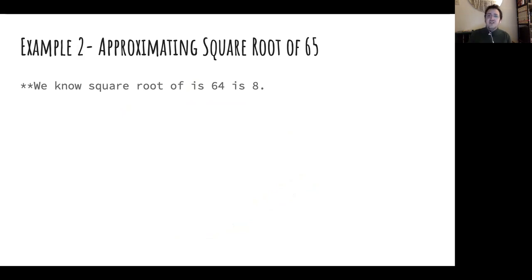So you can come up with not an exact value of the square root, but something that's pretty close. Here's something that we know from the good old days of middle school: the square root of 64 is equal to 8. Let's say we want to find the square root of 65. So we have a function that is the square root of x.